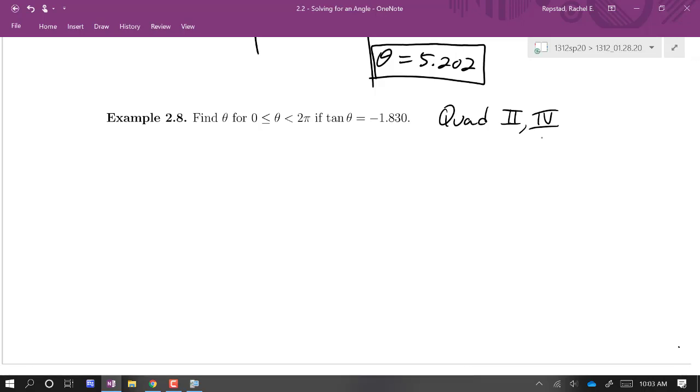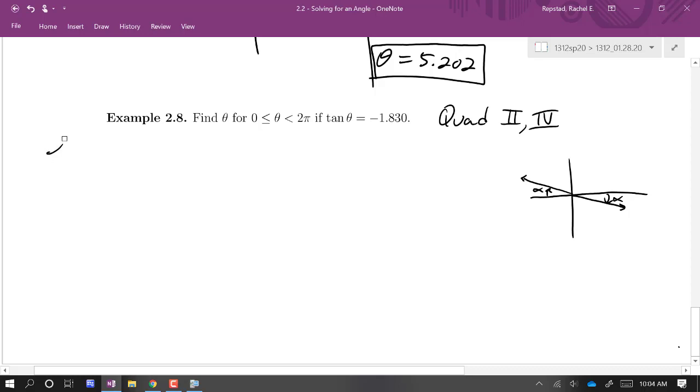And it's going to be negative where one is positive and one's negative. So when your x and y coordinates have different signs, that's in quadrants 2 and 4. So we know that we're looking to find our reference angle and then make the appropriate adjustments to find these quadrants 2 and 4 angles.